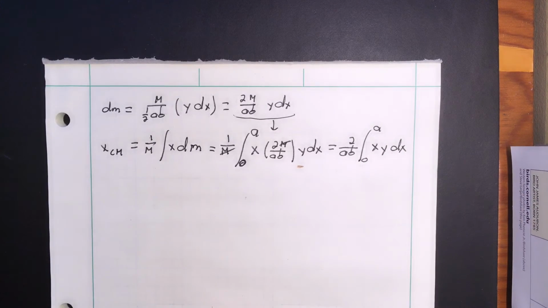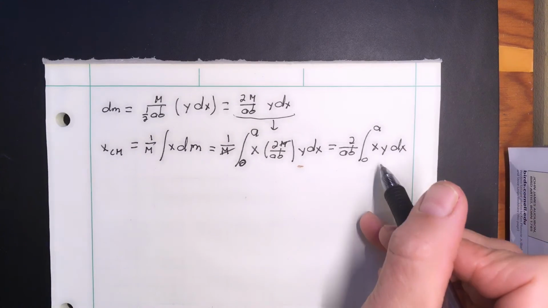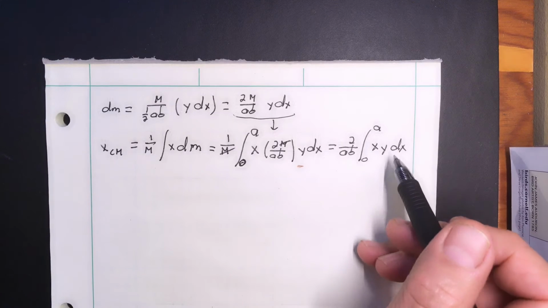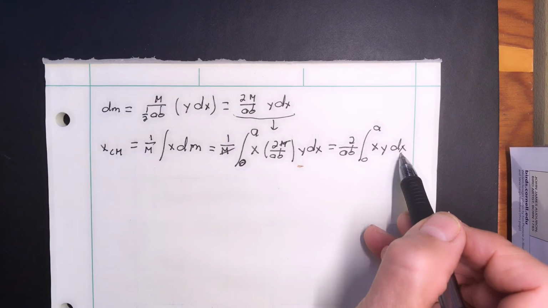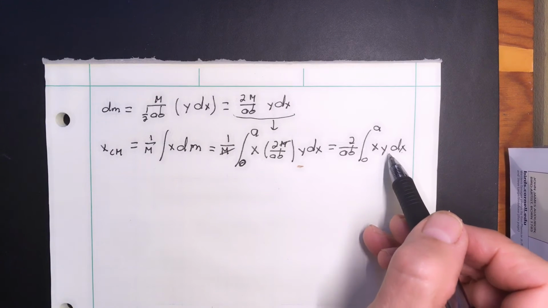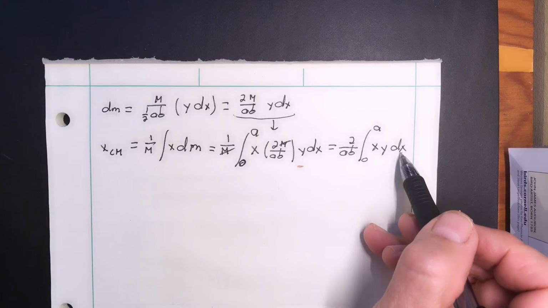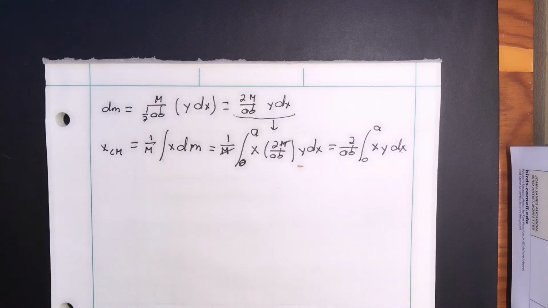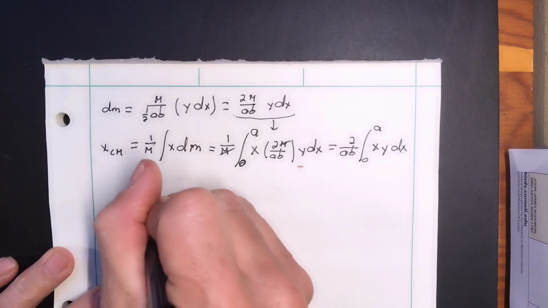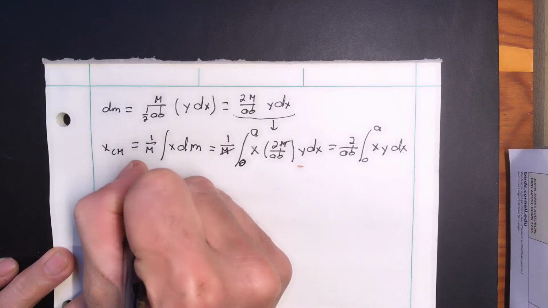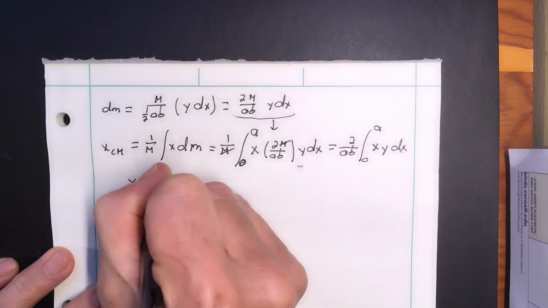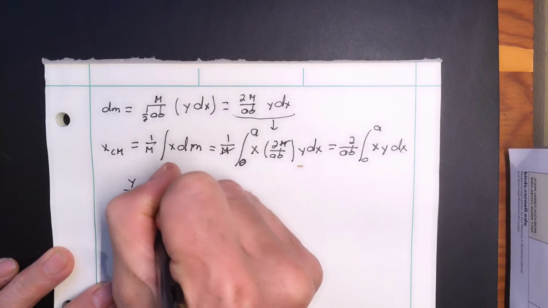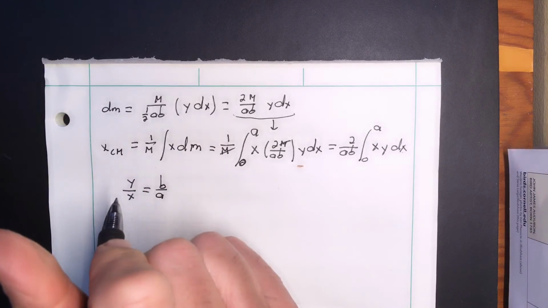Now, this is a little awkward because we have a y here, but we know that y is a function of x, so we can't do this integration until we get y in terms of x. So we're going to use similar triangles. By similar triangles, the little triangle is to the big triangle, right?